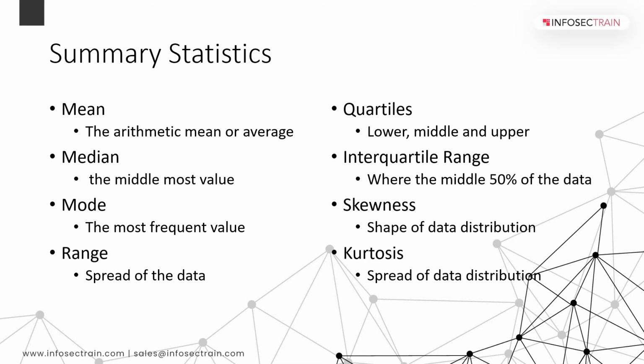Then second is median. Median is nothing but the middlemost value. Why are we using median? Sometimes, in a particular column of our data set, there are some missing values, and some outliers are present as well. So we want to fill those missing values.